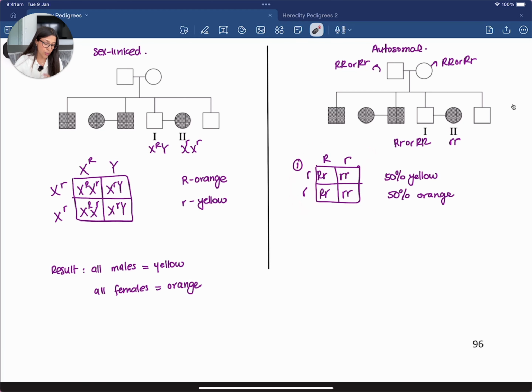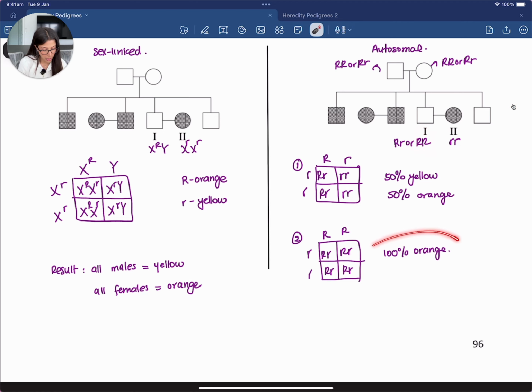With autosomal, it doesn't matter with gender. In terms of all of the offspring, we would see a 50% chance of them being yellow and 50% being orange, regardless of what the gender is. Then scenario number 2, we look at this individual being homozygous. If that is the case, then 100% of the offspring would be orange.